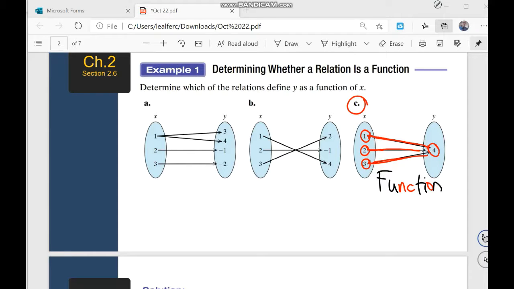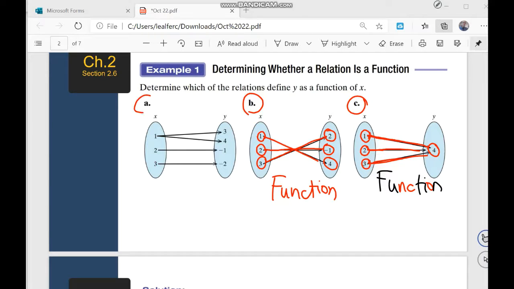Next example, letter B. Let's check if it is a function or not. For each value of x, there is only one arrow, one link, only one connection, one relation with a value of y. So yes, this is a function.